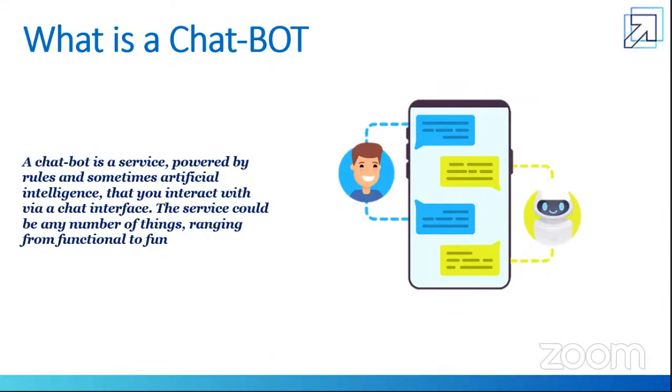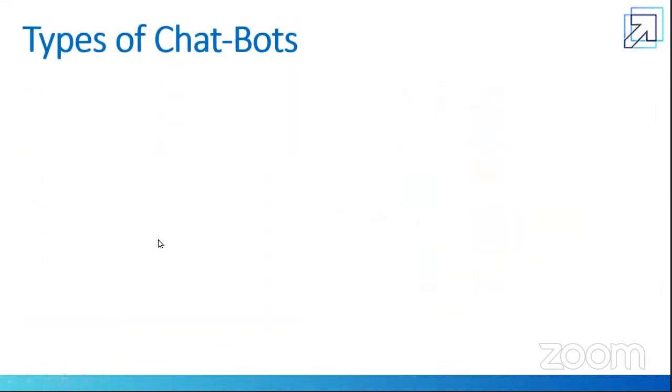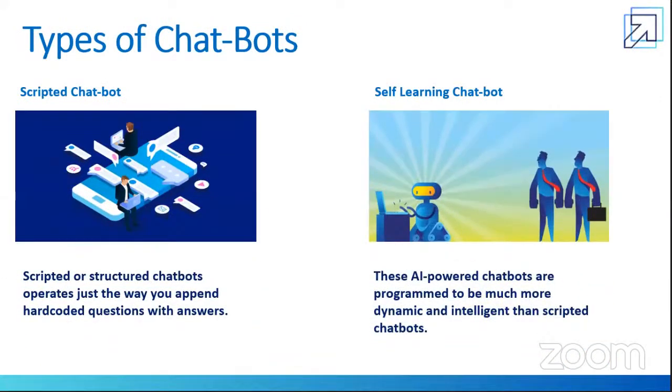Now there are different kinds of chatbots: scripted chatbots as well as self-learning chatbots. Scripted chatbots have a predefined knowledge base and technical capabilities that can aptly respond only to specific instructions.